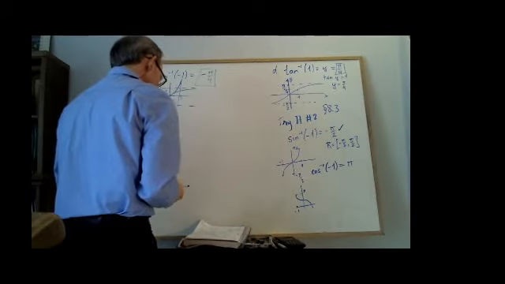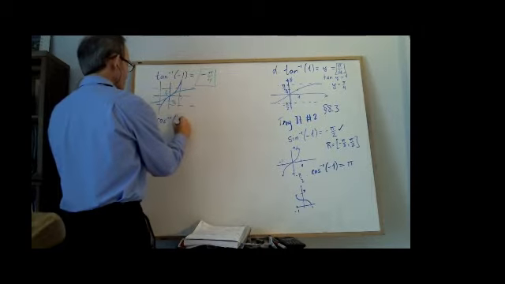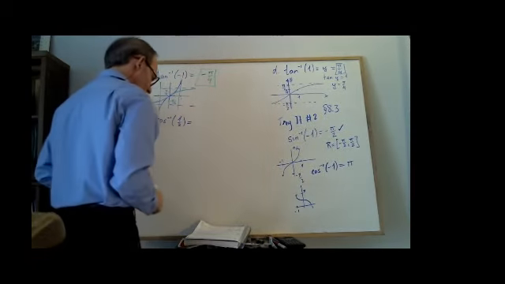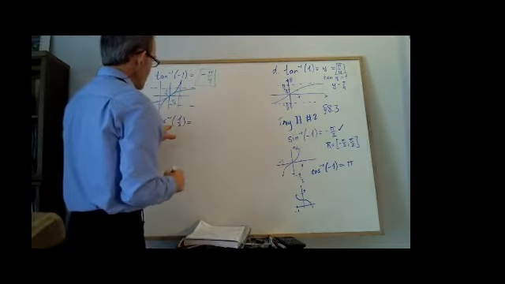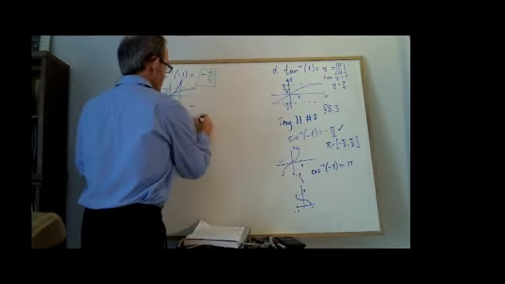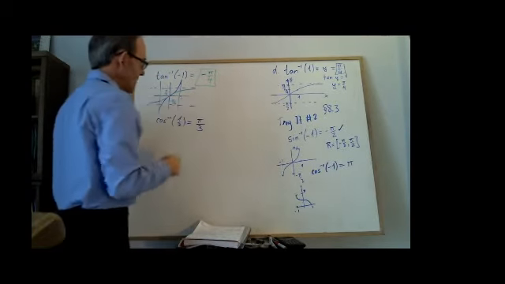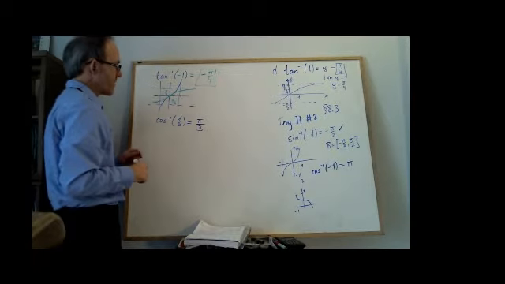And finally, cosine inverse of 1/2. That's the angle whose cosine is equal to 1/2. You could write it down by looking at a unit circle, or you could try to draw the graph.